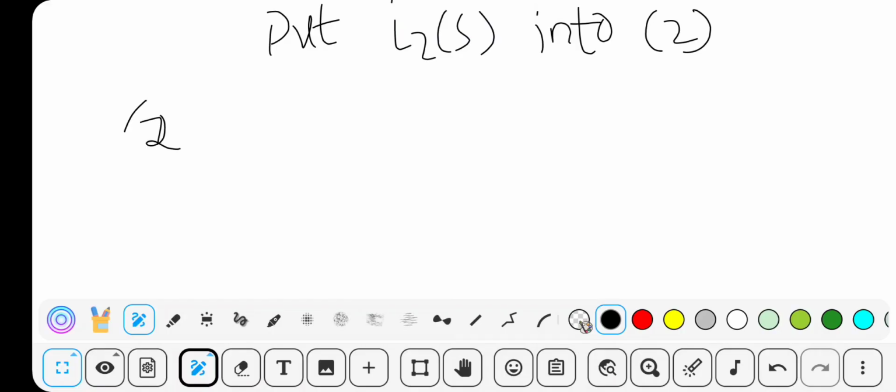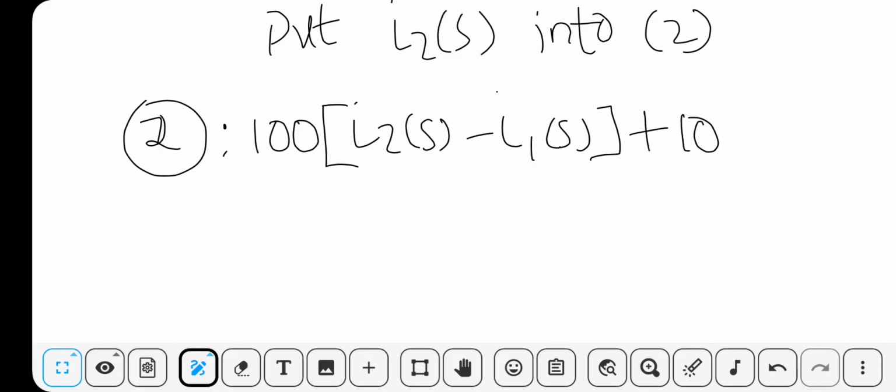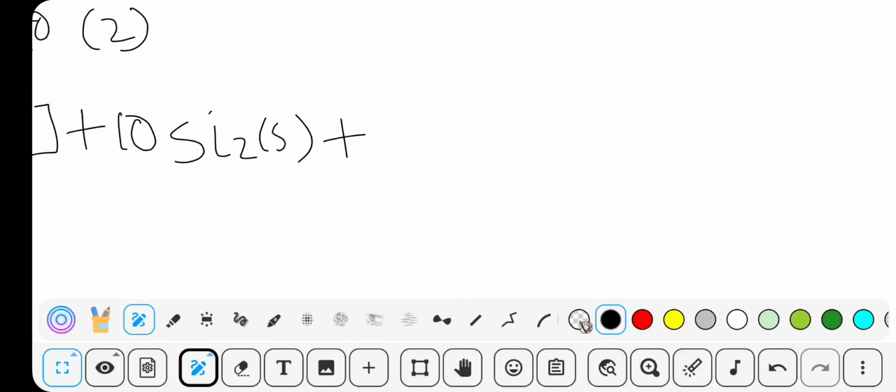Equation 2 is 100 plus 10 s I2 of s plus 100 I2 of s equal to 0.